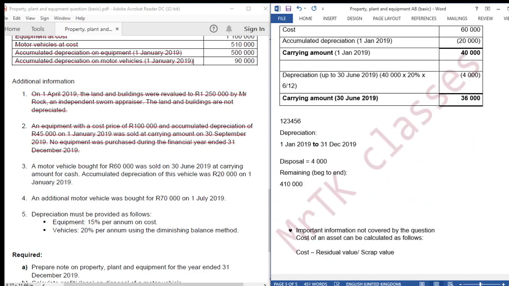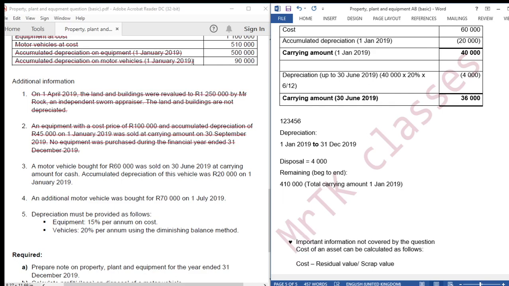410,000 is the total carrying amount on 1 January 2019.